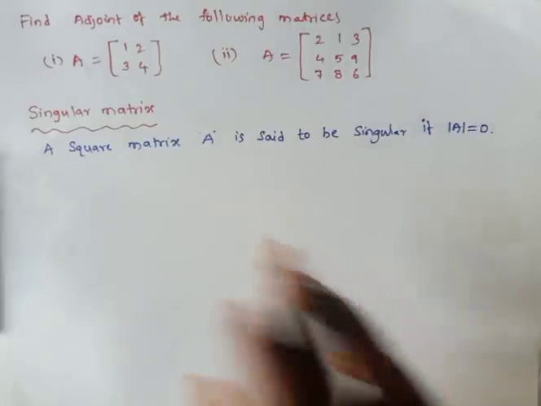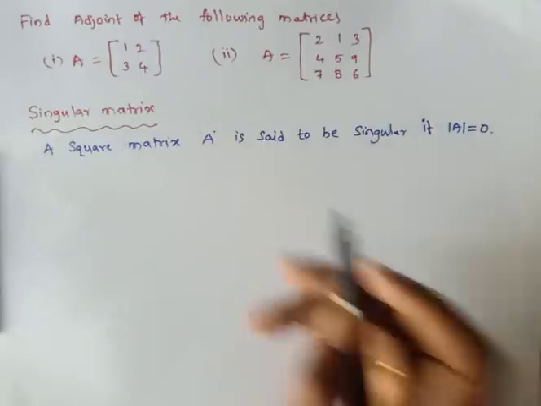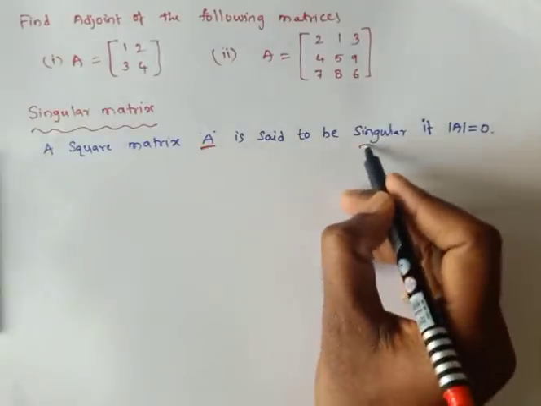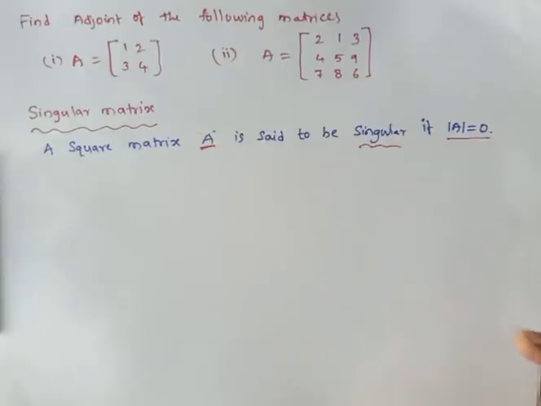Simply, a square matrix A is said to be singular if the determinant of A is equal to 0. For any square matrix whose determinant is 0, we say that it is a singular matrix.